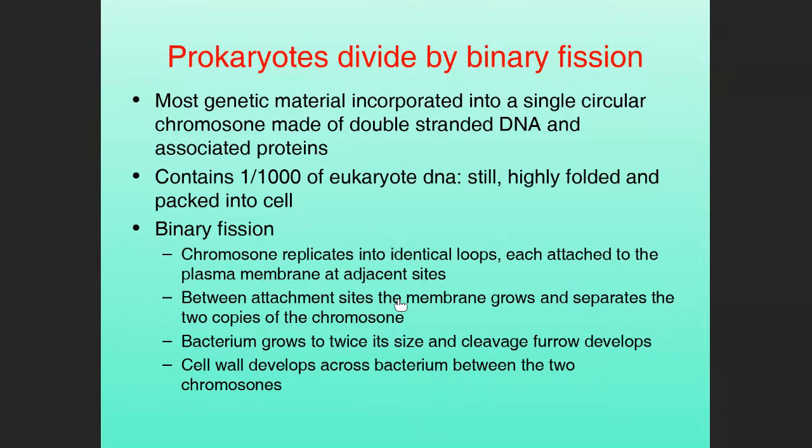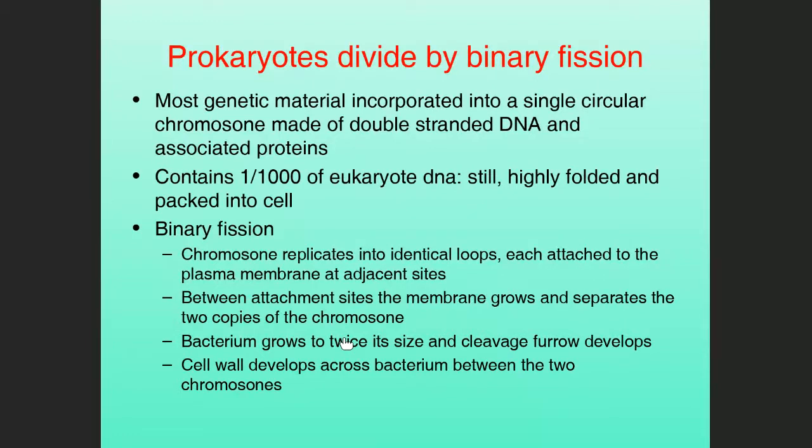What about prokaryotic cell division? They divide by binary fission, in which most of the genetic material is incorporated into a single circular chromosome made of double-stranded DNA and associated proteins. It contains 1 out of 1000 of the eukaryotic DNA. It means it is very small compared to eukaryotic DNA.